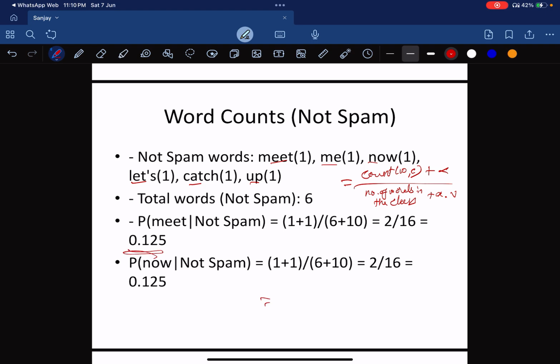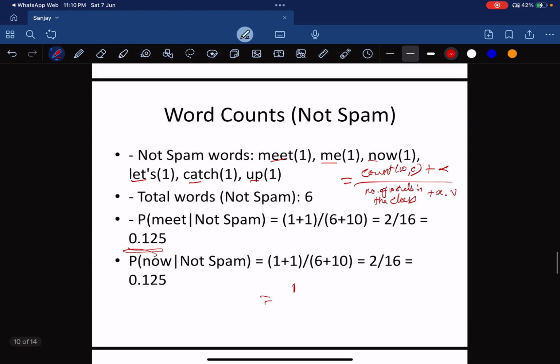Let me do it once. For "meet", the number of times "meet" occurs in the not spam class is 1, plus alpha which is 1, divided by the total number of words in this class, 6, plus 10, right? That will be 2 by 16, and this answer will be 0.125.